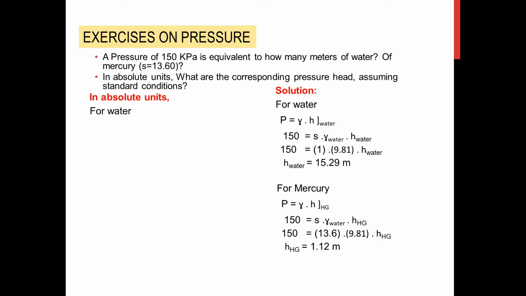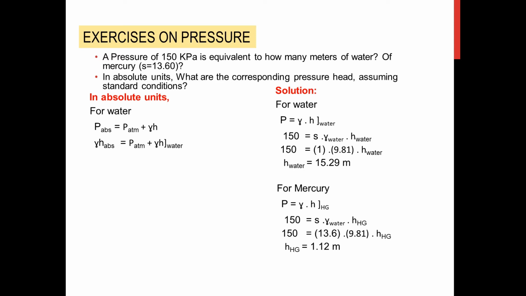So in absolute units, knowing the head of water in terms of gauge pressure, we can derive the height in terms of absolute units. So we start with the equation that the absolute pressure is equal to the atmospheric pressure plus gamma h.